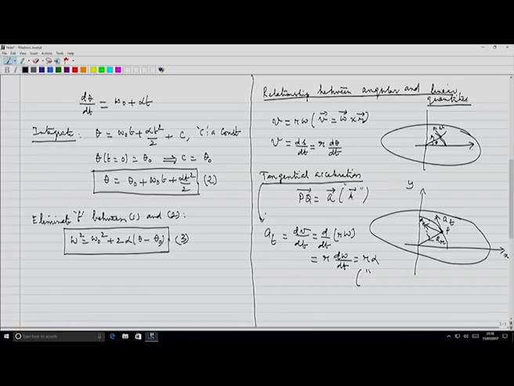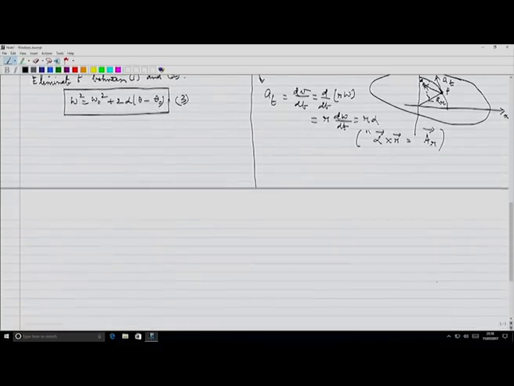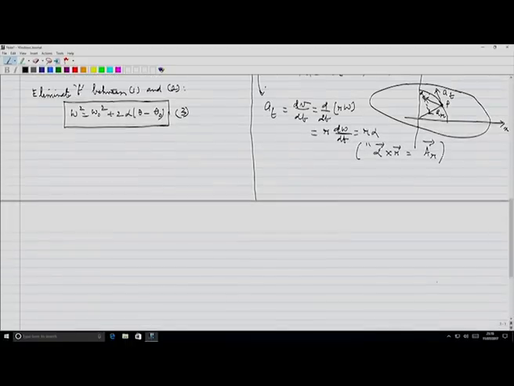This is what earlier we called alpha cross r, which we called capital A r vector. Now radial acceleration.